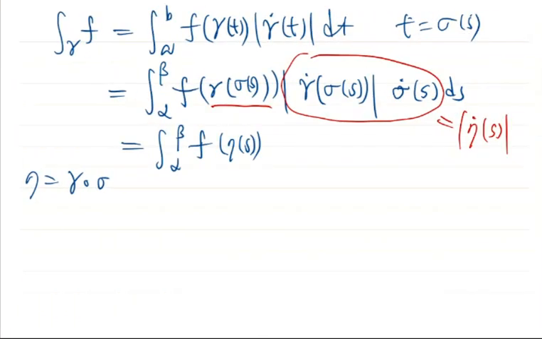So this gives us the integral of f along eta with the norm of eta dot ds. So this proves our theorem.